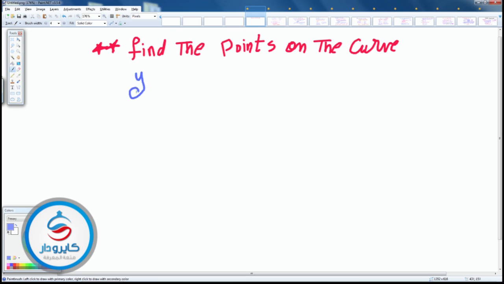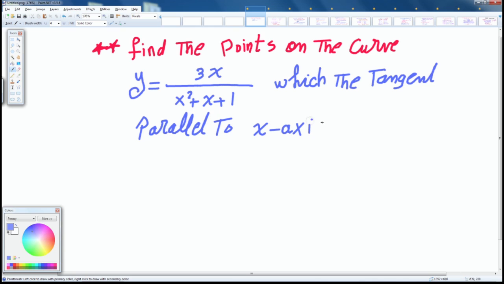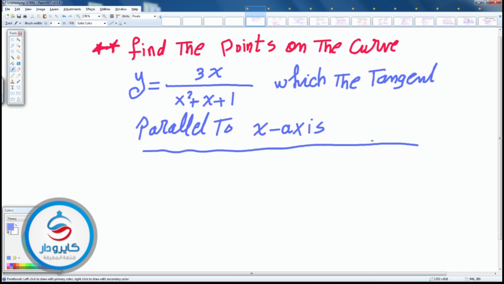My dear students, this is y equals, oh my god, this is a fraction, 3x over x power of 2 plus x plus 1, at which the tangent is parallel to the x-axis. And this is a very important statement.